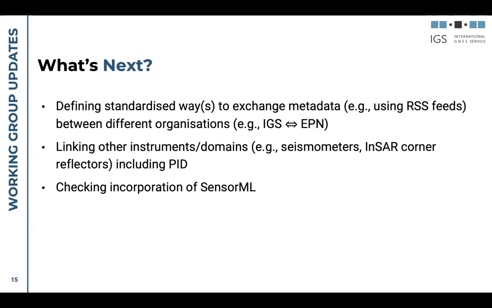So if GNSS and a seismological station are collocated, then we could describe this also in GeodesyML and link to the seismological metadata. And we're currently checking the incorporation of SensorML to describe other sensors that are collocated.